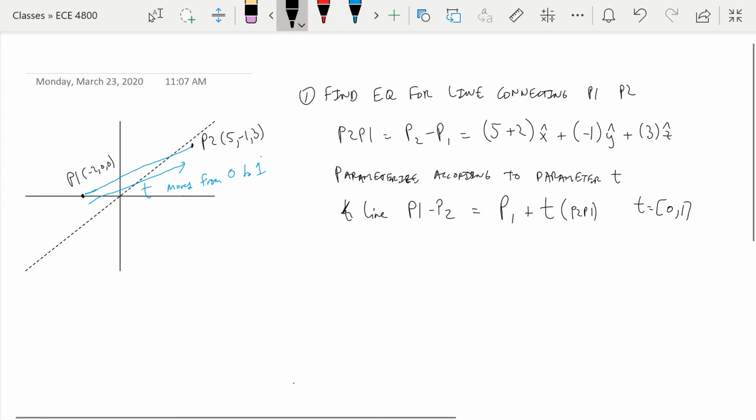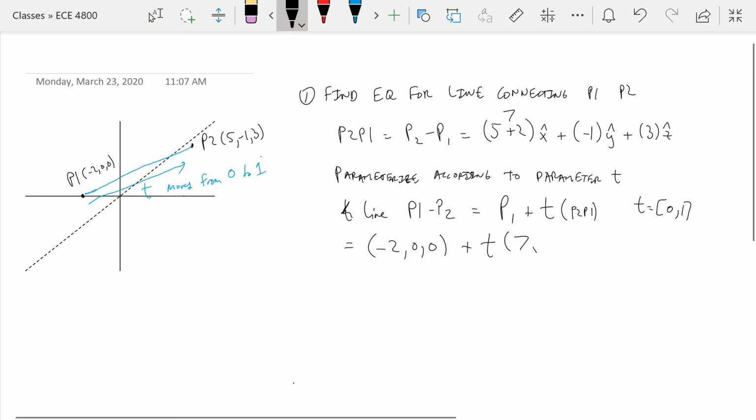All right, so the way that we can define this is negative 2, 0, 0, so this is point P1, plus t times P2, P1, that vector that we just found. It's t times 5 plus 2, so this is 7, of course.